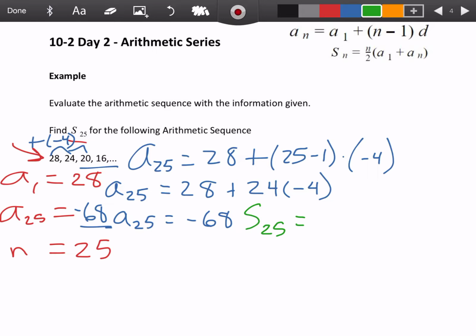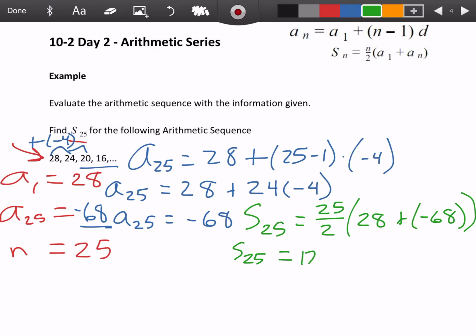So here we have n divided by 2, so 25 divided by 2. Then our first term of 28, add our last term of -68, like that. So S of 25 equals, this would actually be 12.5 times, this would end up being -40.